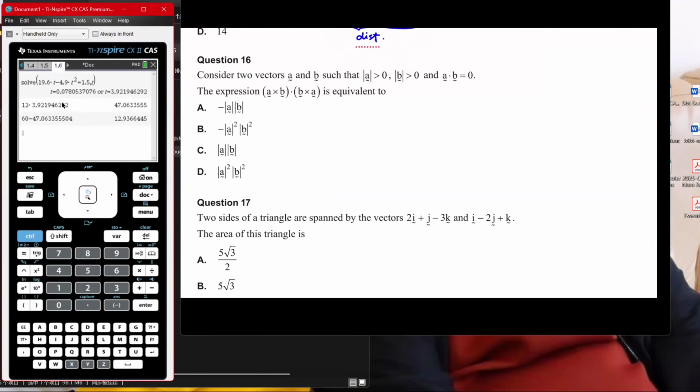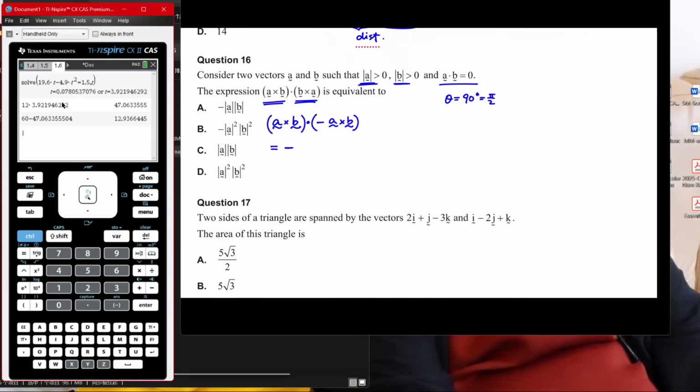Okay. Question 16, consider two vectors A and B such that A and B have magnitude greater than 0, it can't be 0. A dot B equals 0 means the angle theta must be 90 degrees or half pi. So if you're calculating the dot product between two cross vectors, one thing I would say is I'll write A cross B as it was, and B cross A as a minus A cross B, with a dot in the middle.